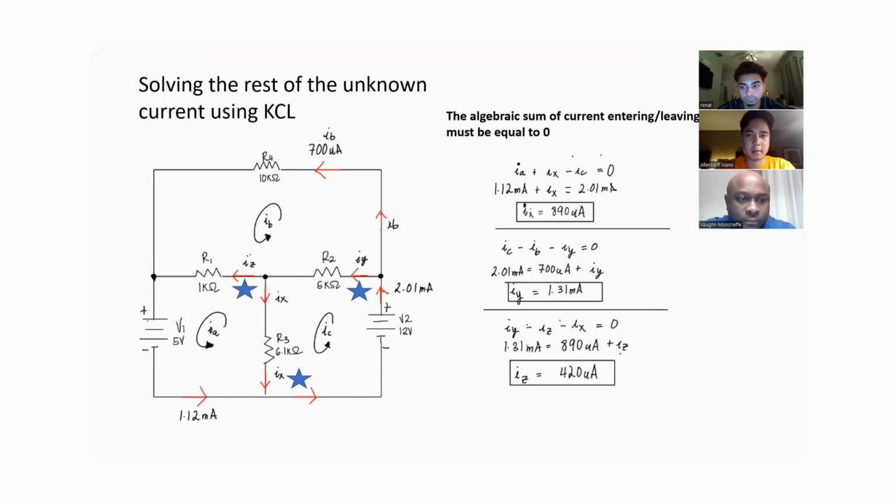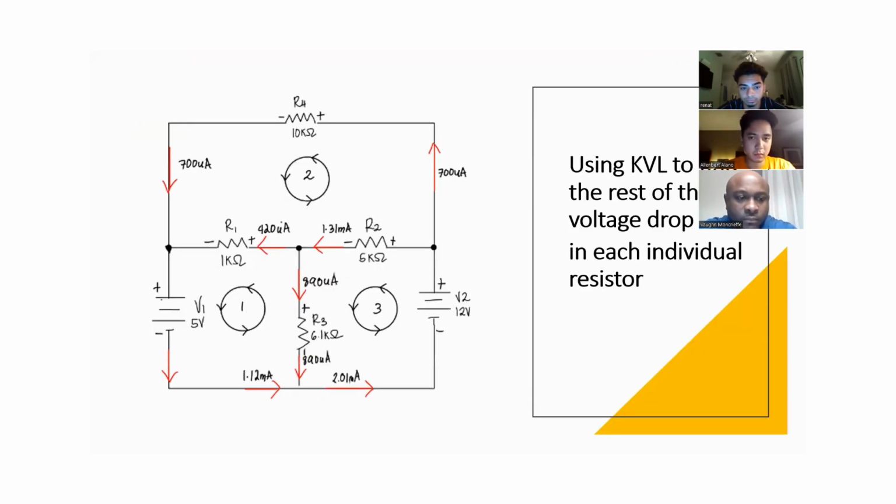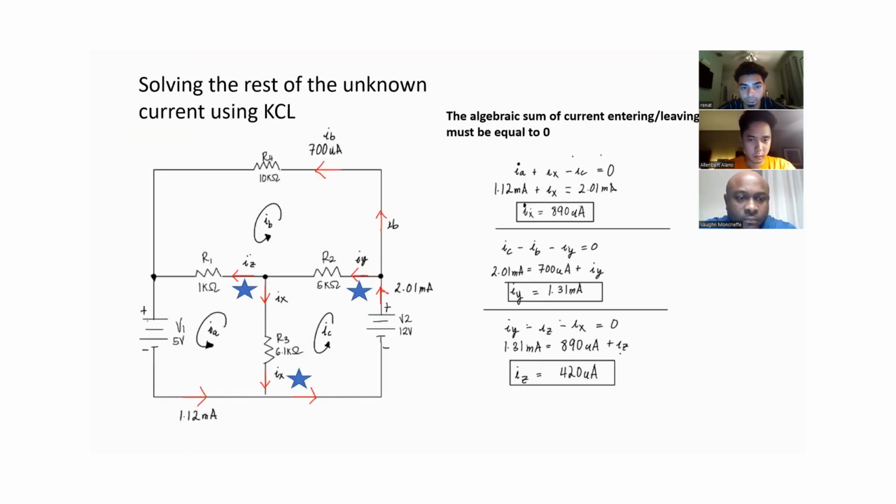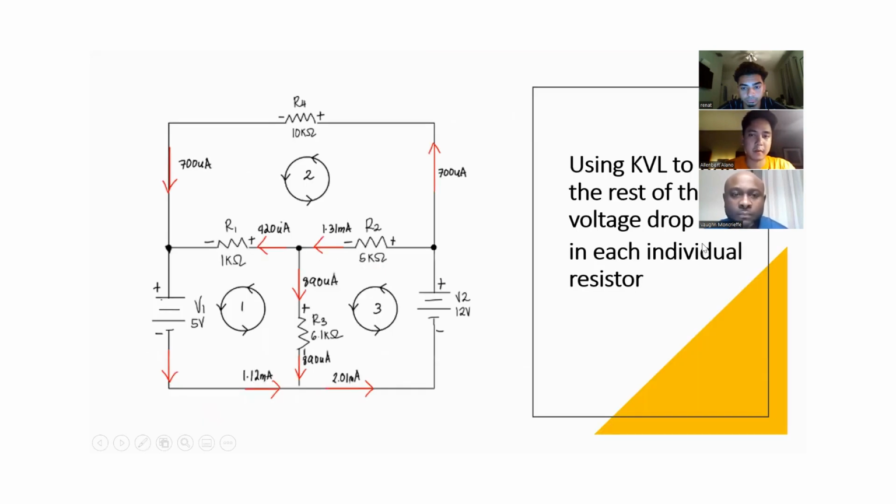Basically, it's the algebraic sum of current entering and leaving a node, and it must be equal to 0. For this slide, you can see all the equations and how we can get the rest of the currents in order for us to move on and do the KVL.